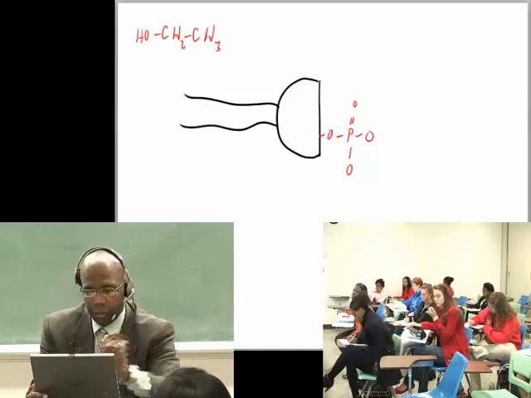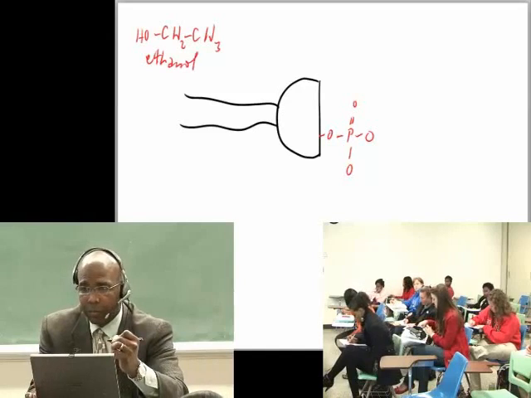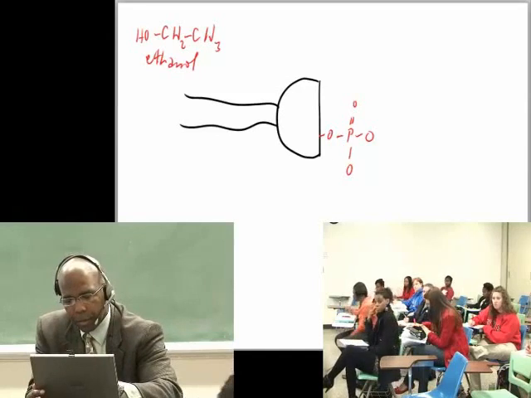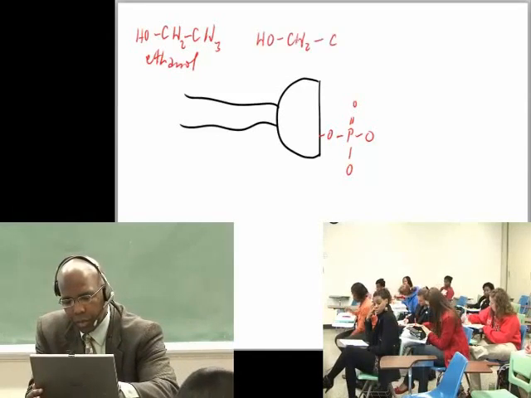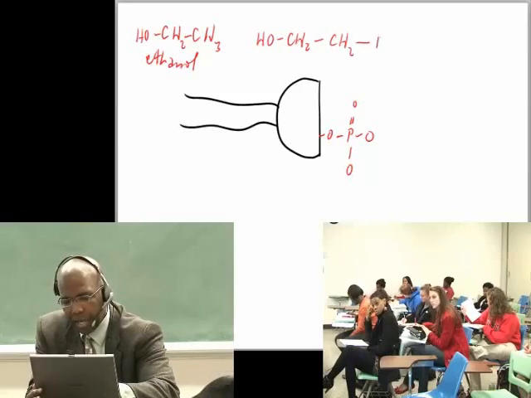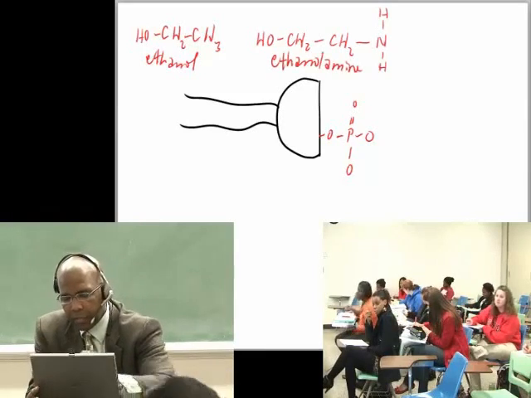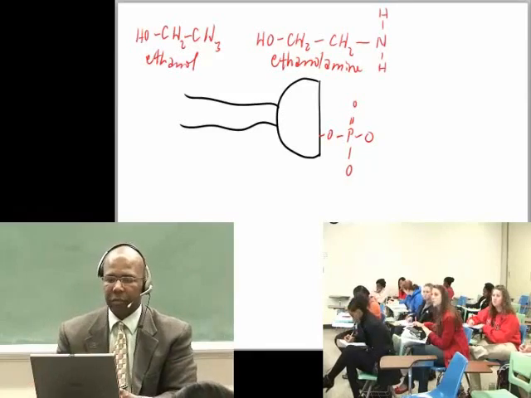That's ethanol. Everyone okay with that one? Now, ethanolamine is going to be CH2, CH2, but then we're going to put an amine group, NH2. This is ethanolamine, because it's ethanol with an amine group attached.